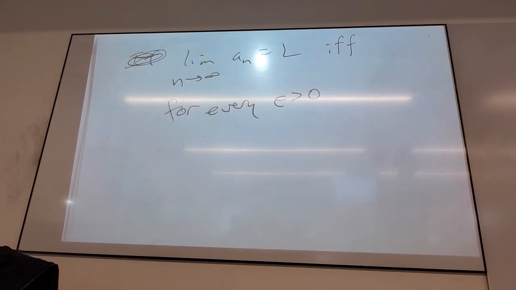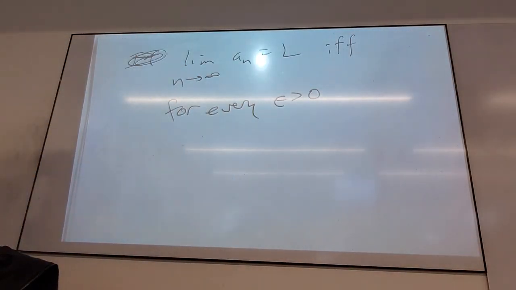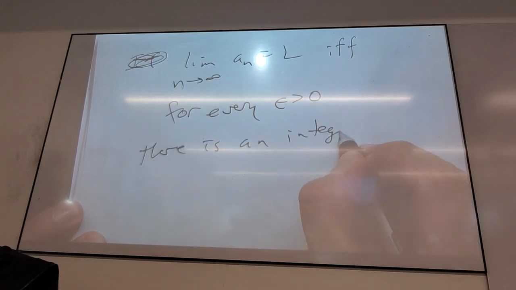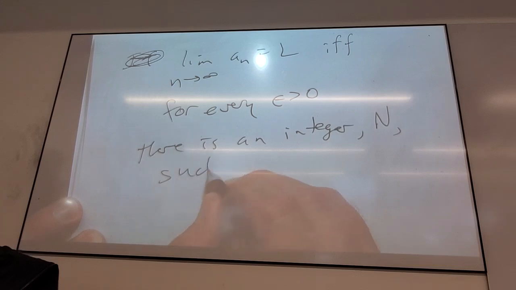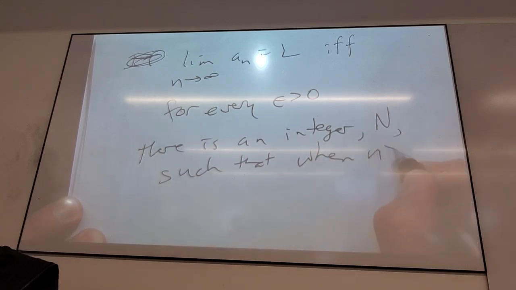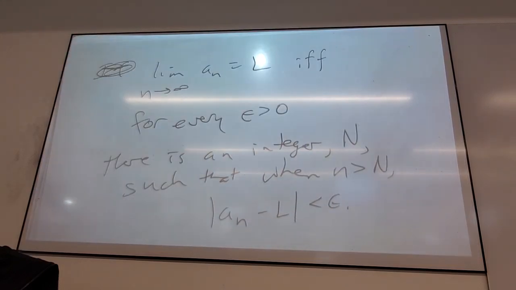So for every number somebody could say, there is an integer N such that when n is greater than N, that is true. Okay, so let me say this in English.